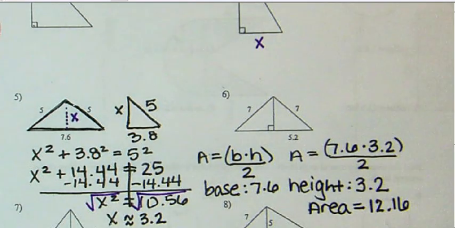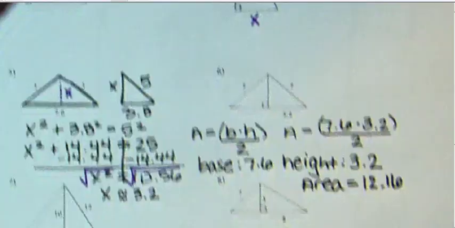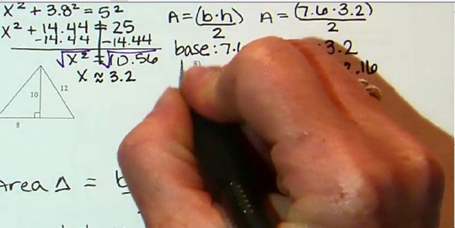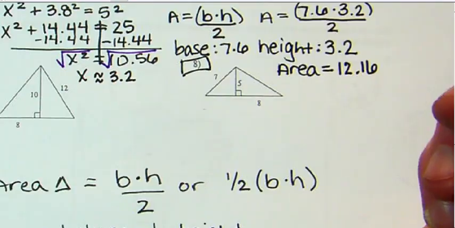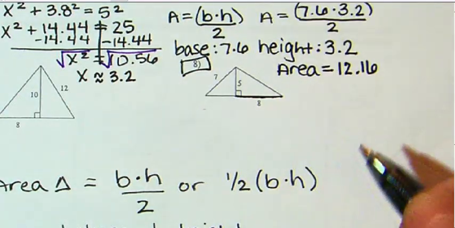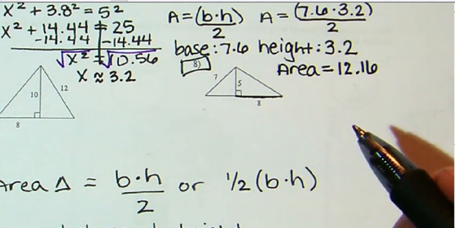All right, I'm going to ask you, this one's going to be a little bit easier. Well, there are some other steps in here, but you already have your height. I'm going to ask you to see if you can calculate number 8. Try to do that one on your own. Now, 8 only represents this part of the base.